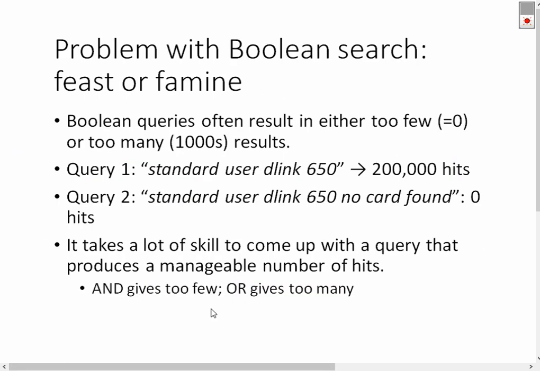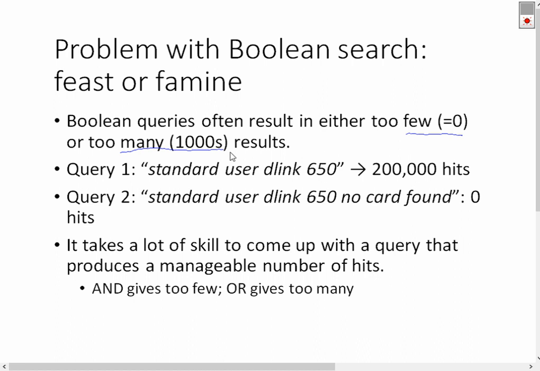So again, the big problem with Boolean search oftentimes is that it's feast or famine. I can write a query that is too simplistic and then I get lots and lots of results, and quite frankly, they're not ordered in any way. So on one hand, I can have way too many. I get thousands of results, and none of them are really relevant to what I'm looking for. Or I wind up making it too specific and I don't get any results.